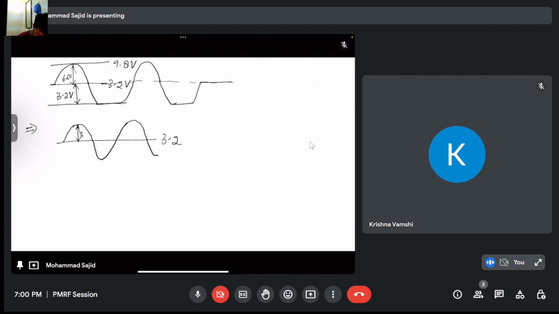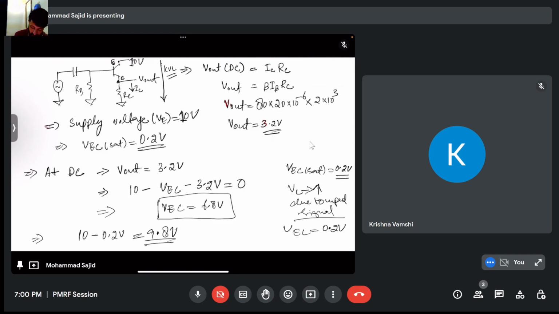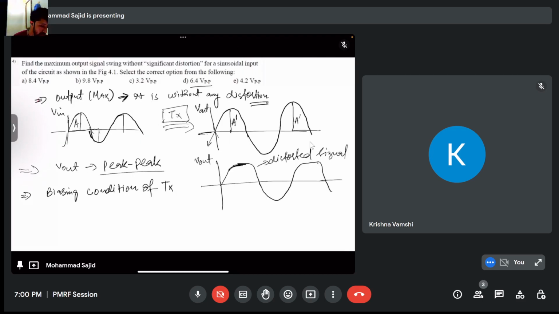So this should be 3.2 volt only. So my peak to peak voltage is 3.2 plus 3.2, or 2 times peak voltage, which comes out to be equivalent to 6.4 volt. So this is the answer for this question without any signal distortion. The maximum you can go is 6.4 peak to peak.